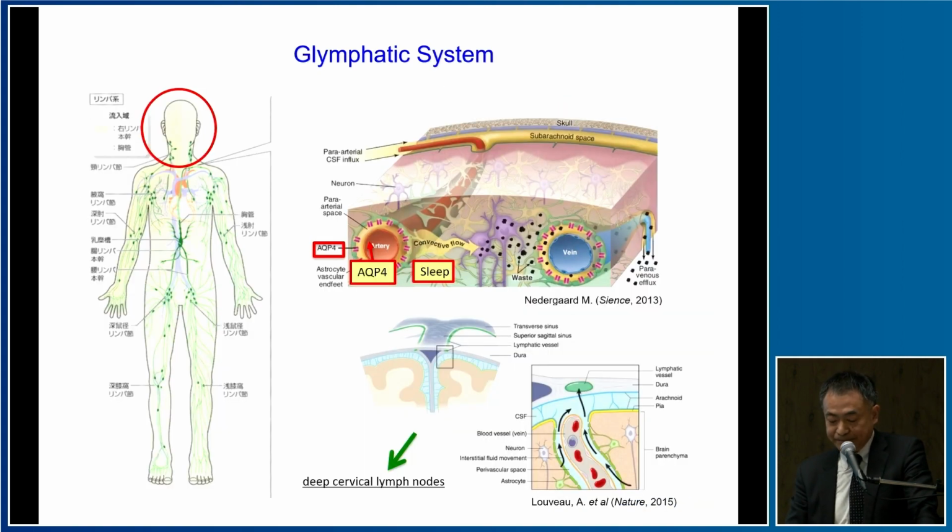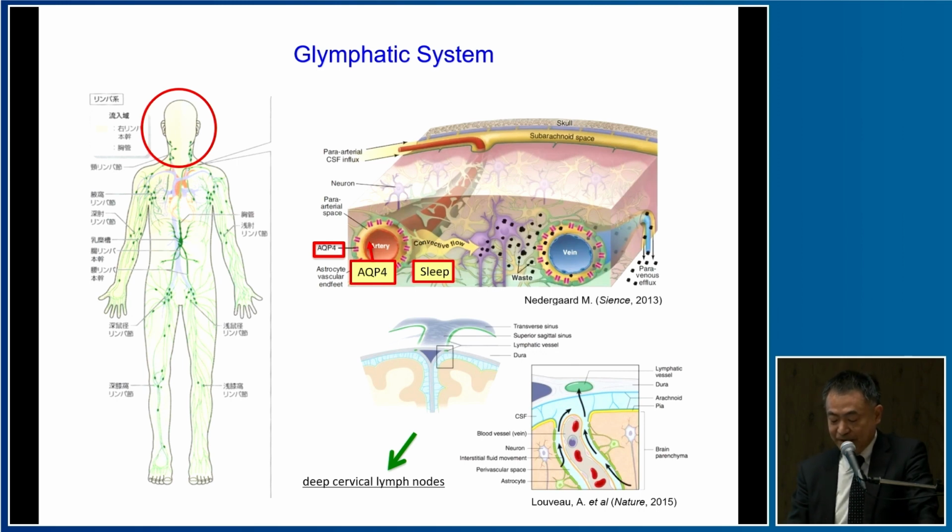So then, the glymphatic system was demonstrated 10 years ago. In this system, aquaporin 4 plays a very important role. And also sleep can regulate this glymphatic flow.